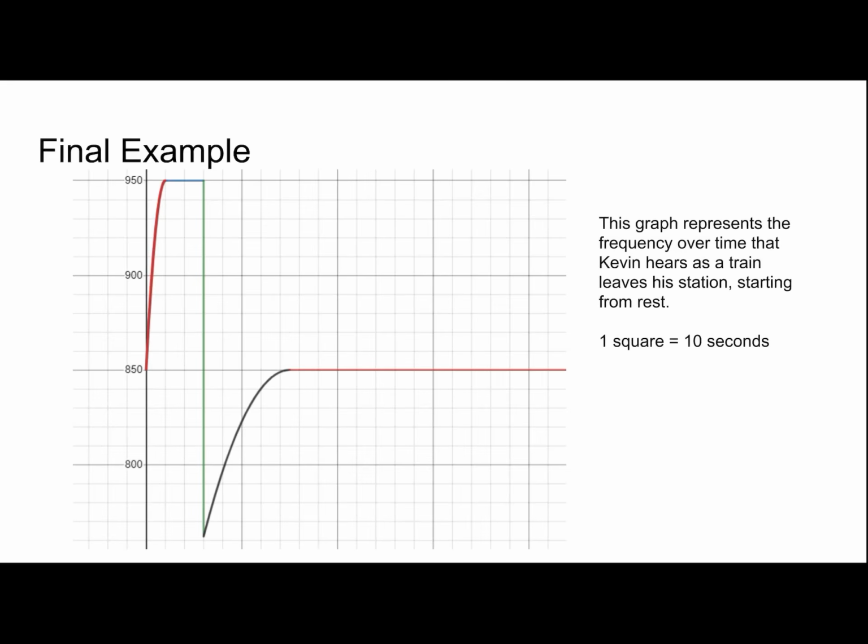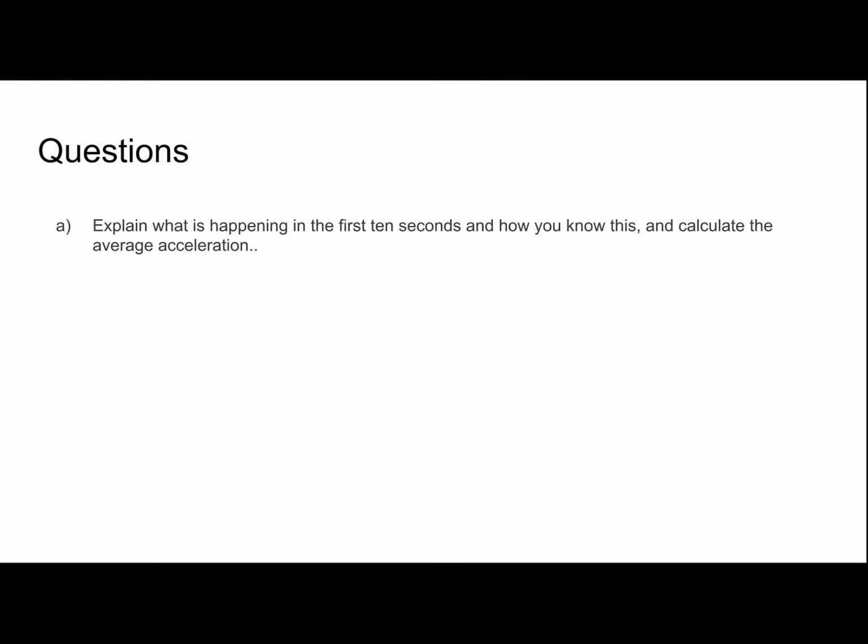Alright, so the train starts at rest. Question A: explain what is happening in the first 10 seconds and how you know this. Calculate the average acceleration. In this case, we know that our frequency increases, so it starts at 850 and it increases. We know that the train starts at rest, stationary. Because it starts stationary, with a stationary source and a stationary observer, we will be hearing the actual frequency.